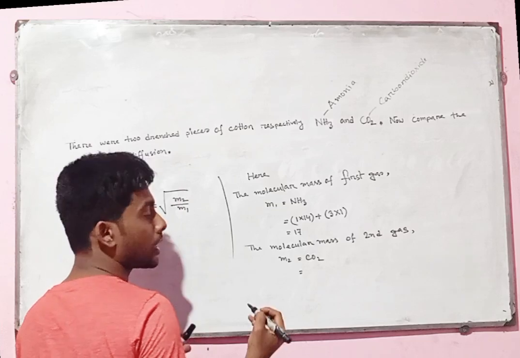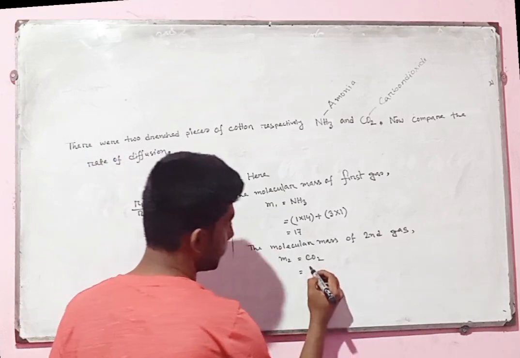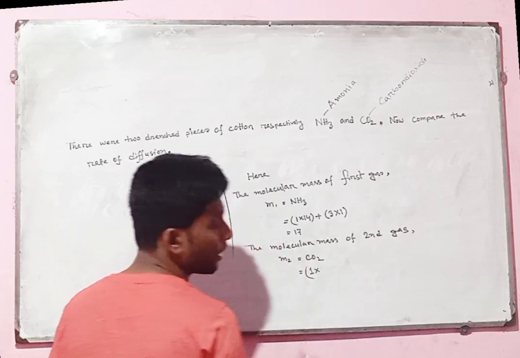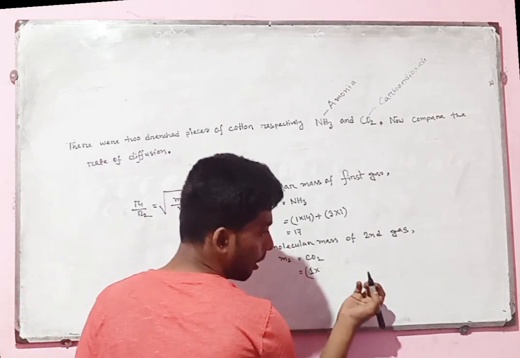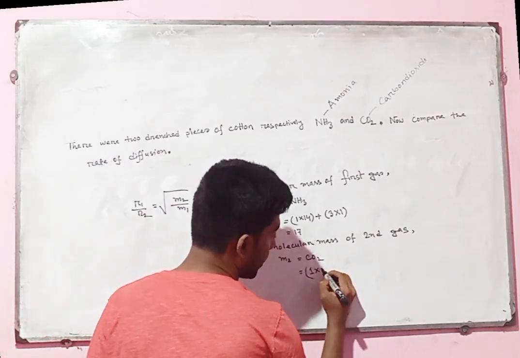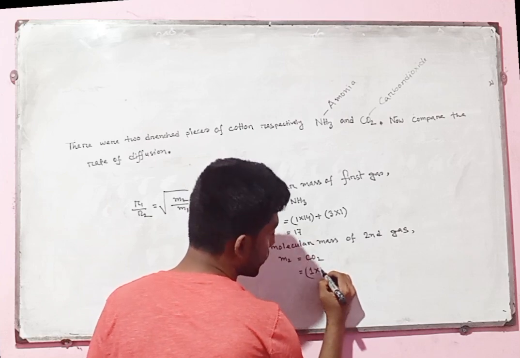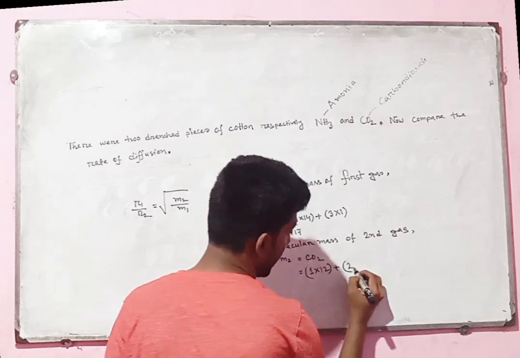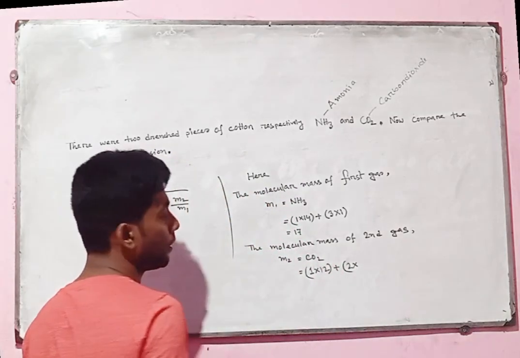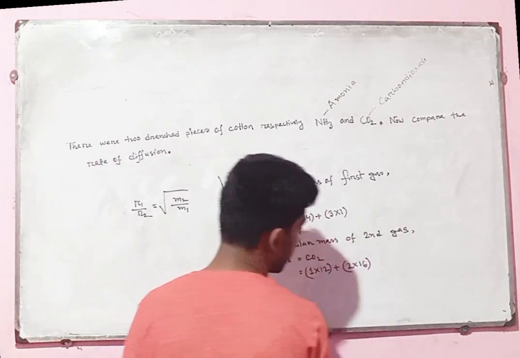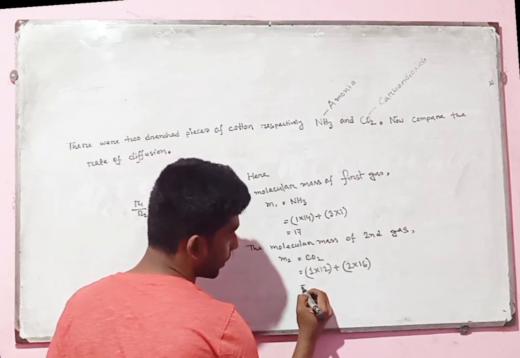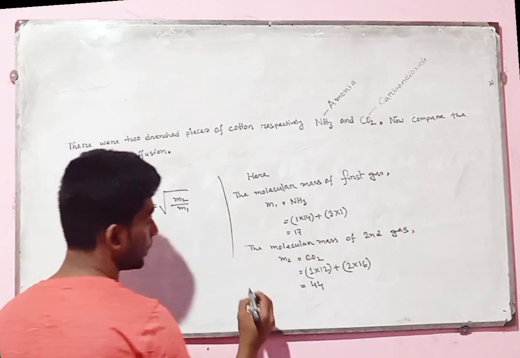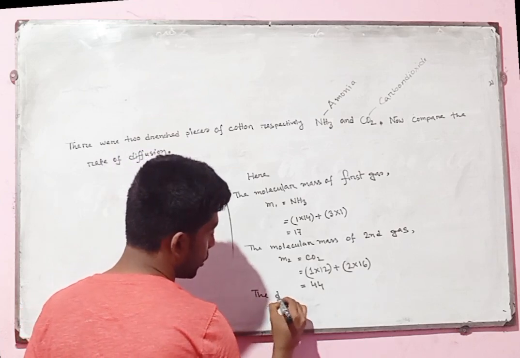Carbon has only one atom, so we write 1 and multiply by its atomic mass. Carbon has the atomic mass 12, plus oxygen has 2 atoms, and the atomic mass of oxygen is 16. Then we will get 44.